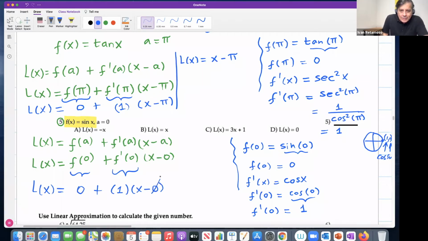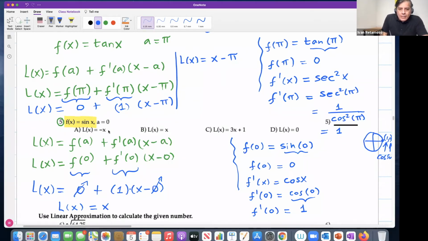This 0 is nice, disappears from the scene. 1 is also another nice number when you multiply, disappears too, right? 1 times x is x. So L of x, the linearization of the sine function, believe it or not, guys, is the identity function. The linearization of the sine function is the identity function, right?